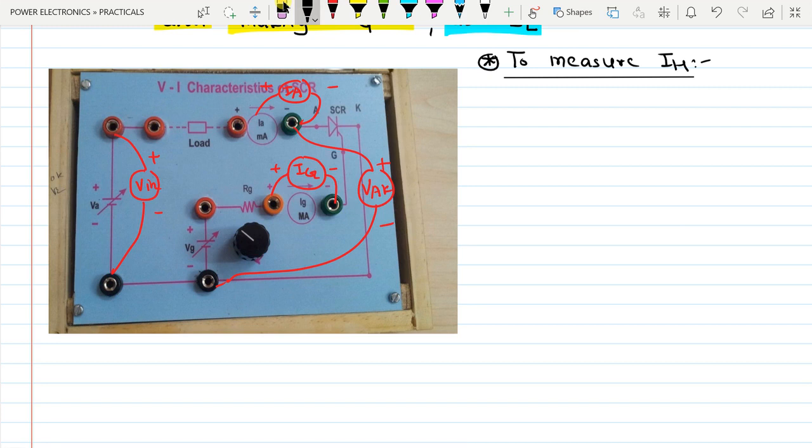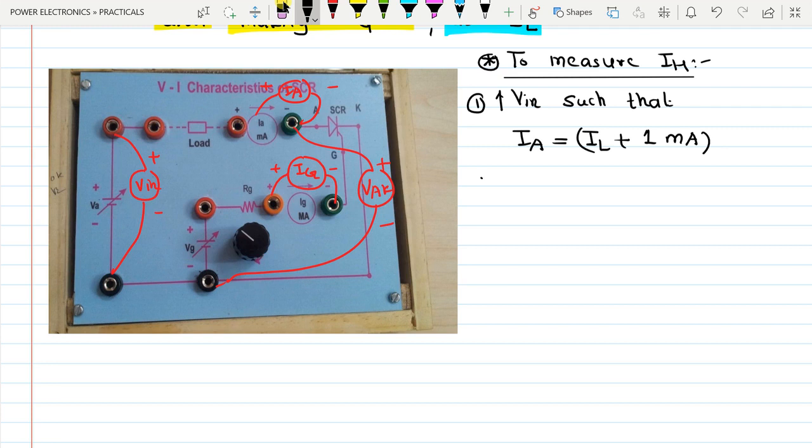The first step is, now we have found the value of latching current. So now you set IA. So we can say now increase V in such that IA is equal to IL plus approximately 1 milliamperes.